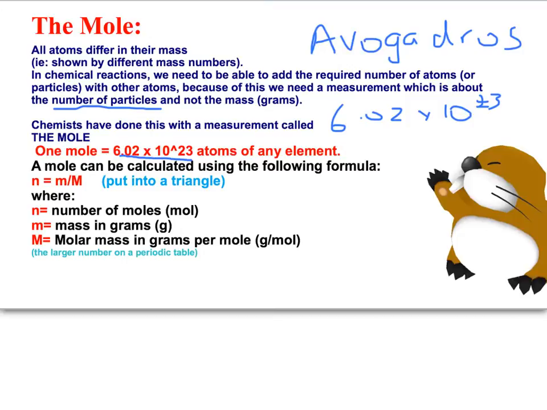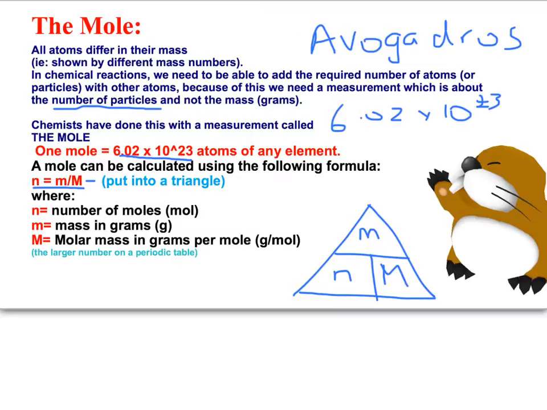Now we need to be able to calculate a mole, and we use this formula here, n equals m over big M. Now if we put that into a triangle, remember whatever's on top of any division is in the top of the triangle.